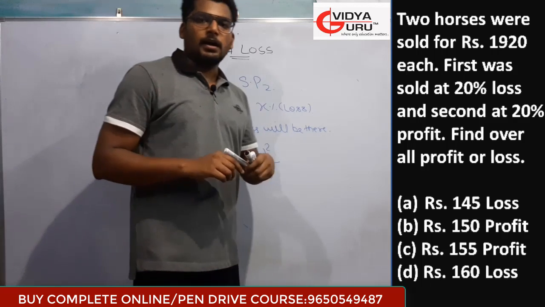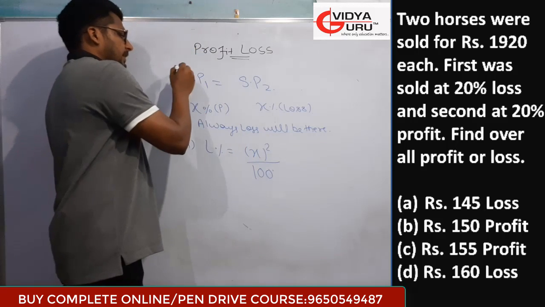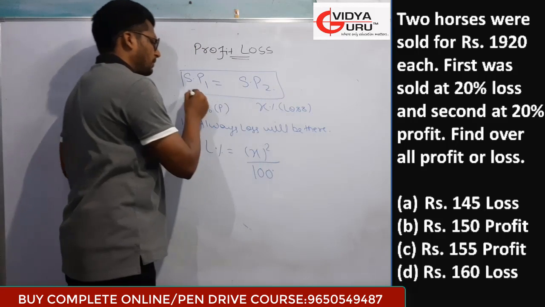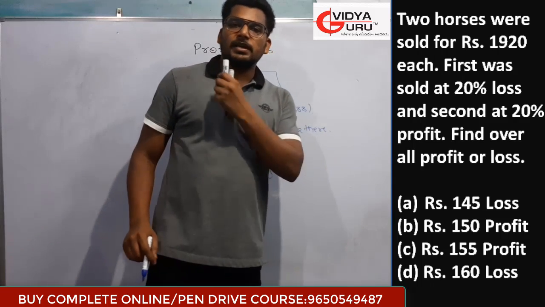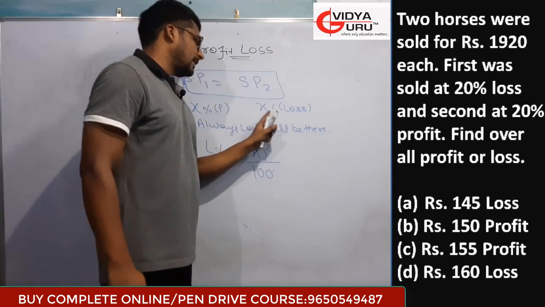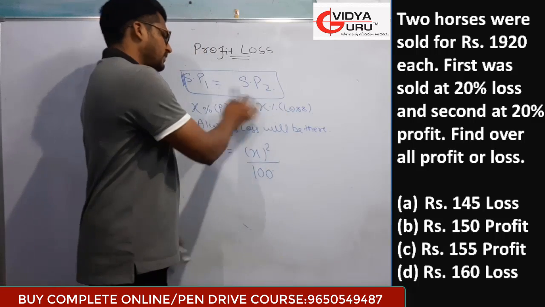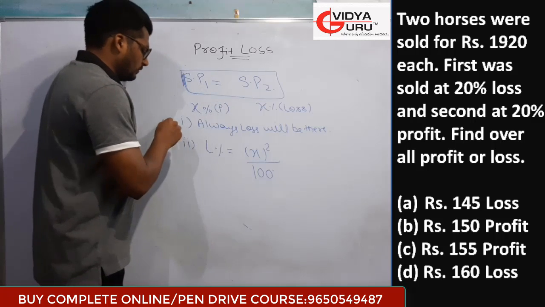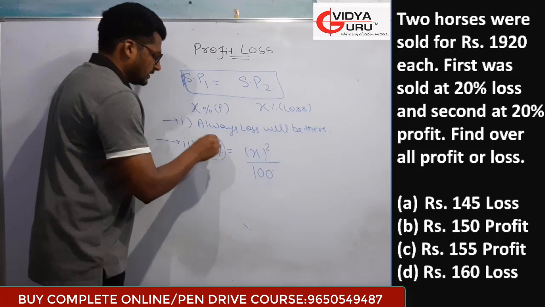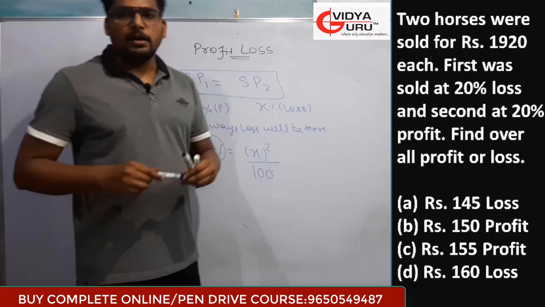But this condition should be there that the SP of both quantities is the same and the first is sold at X% profit and the second at the same percentage of loss, or vice versa, it is sold at X% loss and this is sold at X% profit. Always a loss would be there and the loss percentage is equal to x square by 100.